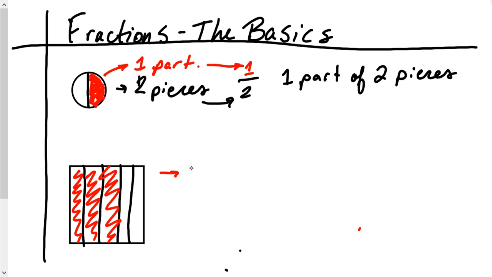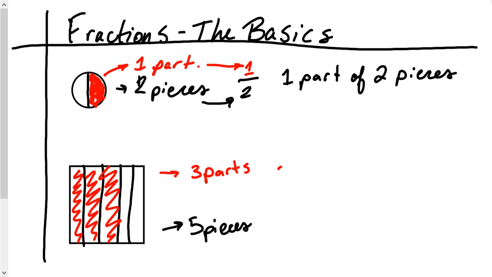So this says 3 parts have been colored, and there are 5 pieces that the shape has been divided into. That's another key word, dividing, because it's going to hint to us that this line can also be interpreted as something else.